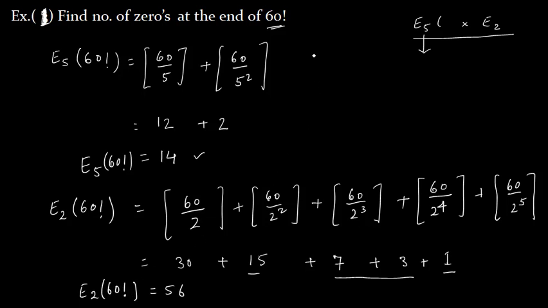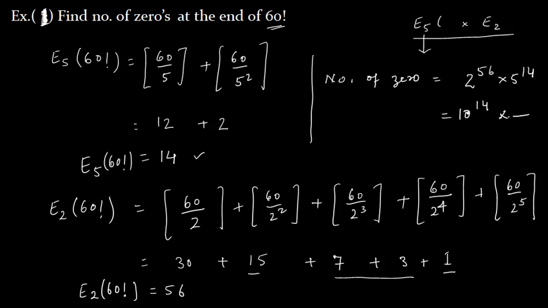Now the number of zeros is basically 14. Suppose we have a number like 2 raised to the power 56 into 5 raised to the power 14. Only 14 times can we multiply 2 and 5 and hence get 0. So this is 10 raised to the power 14 into some number.